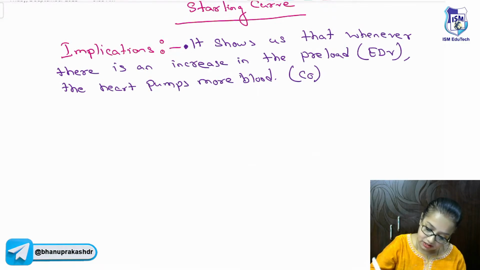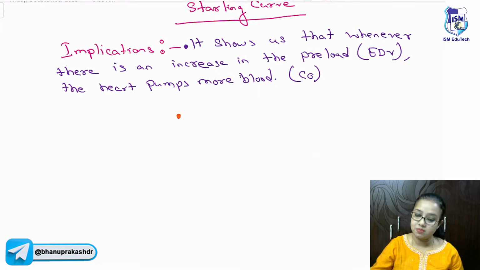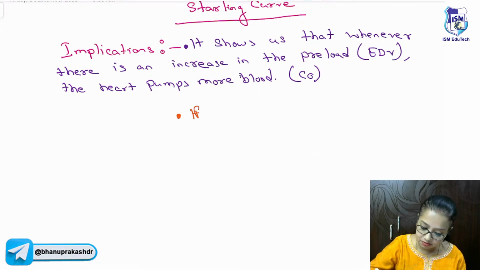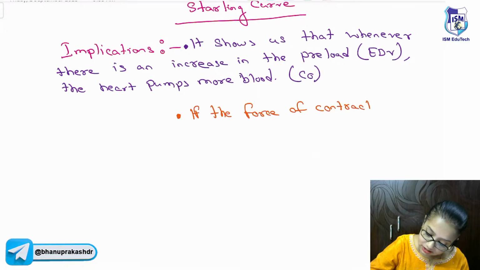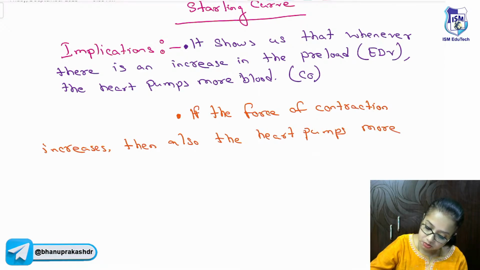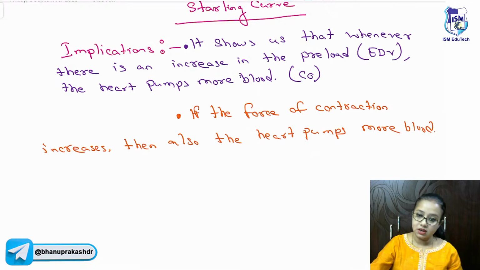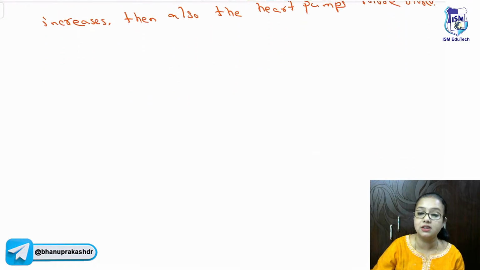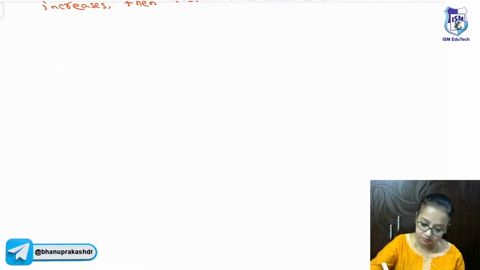Second implication of the Starling law is that if the force of contraction increases, then also the heart pumps more blood. Okay, now these two things we will understand with the graph.